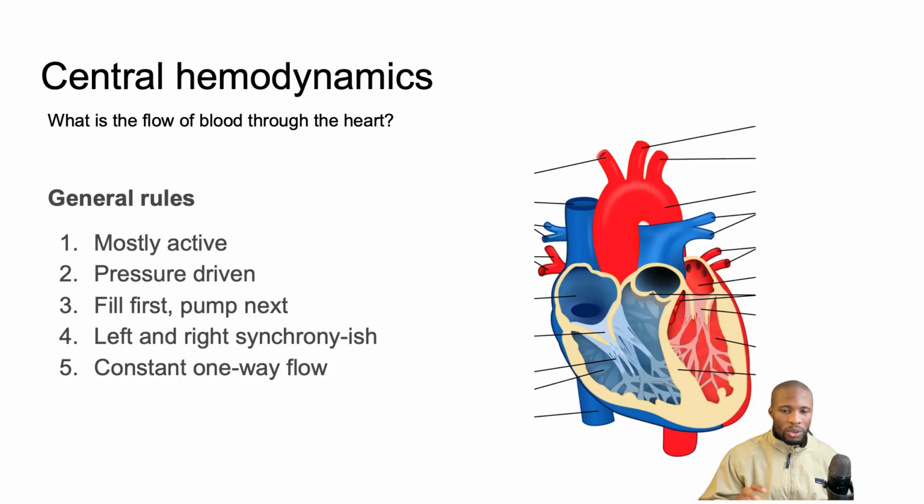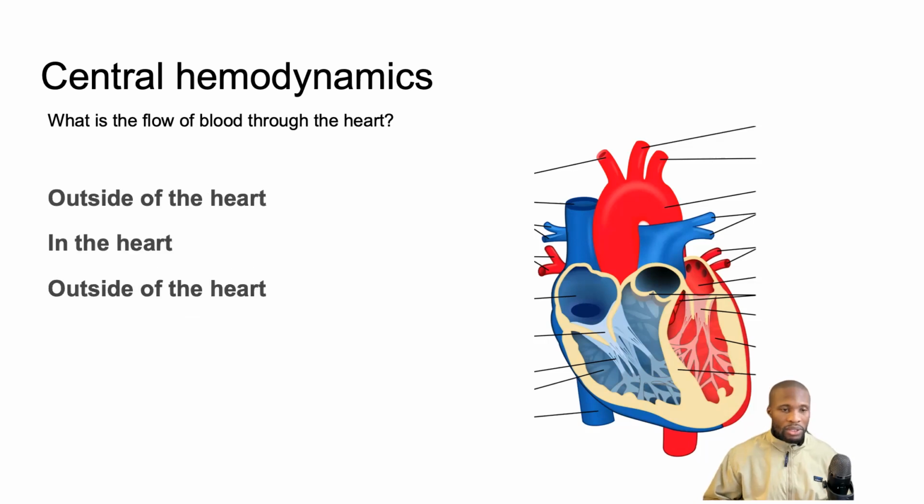So the blood flowing one direction through the heart, and there's always some constant movement. So these are the general rules that we should just keep in mind when we look at the hemodynamics of the heart. Because then once we start speaking about the specific paths that we see the blood flow through, we have to keep those in mind, right?